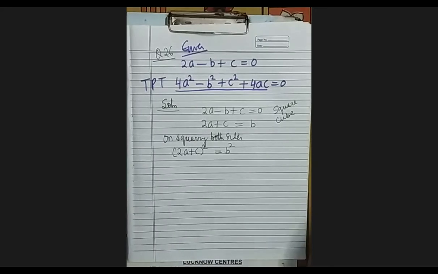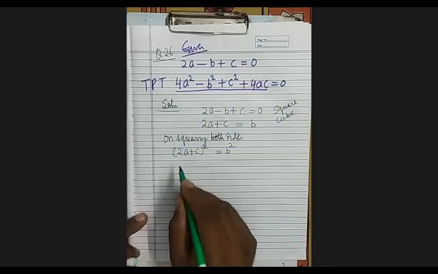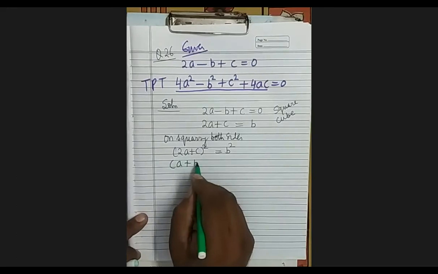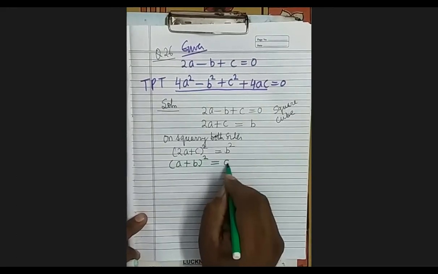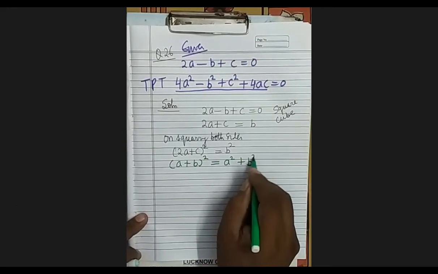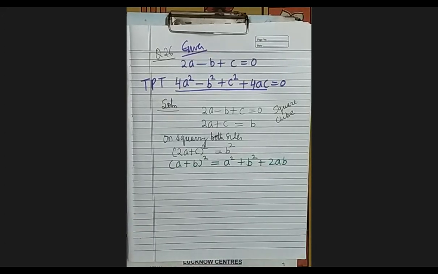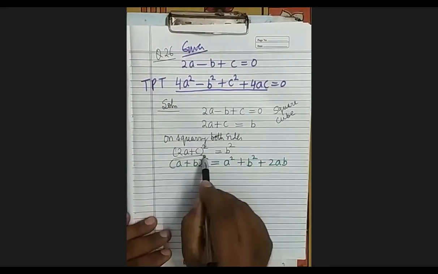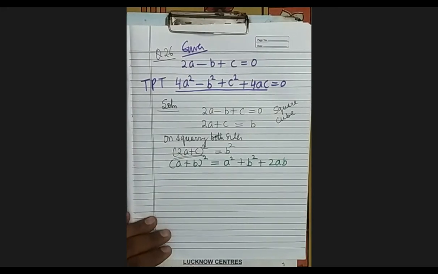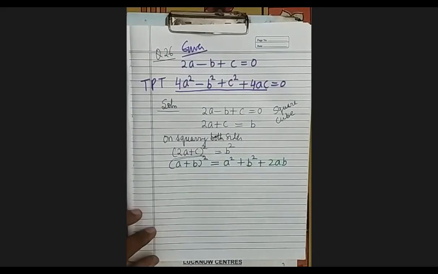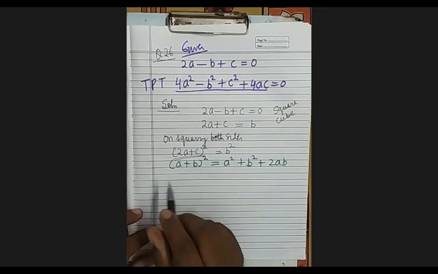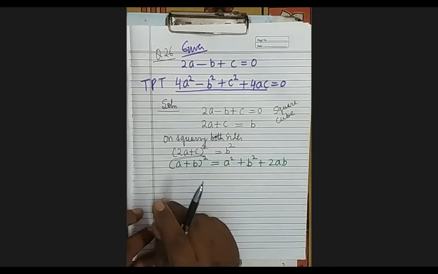Now you open it by which formula? It can be opened using (a plus b) whole square, that is a square plus b square plus 2ab. Shraddha, what is in place of a here? 2a. And in place of b there is c.